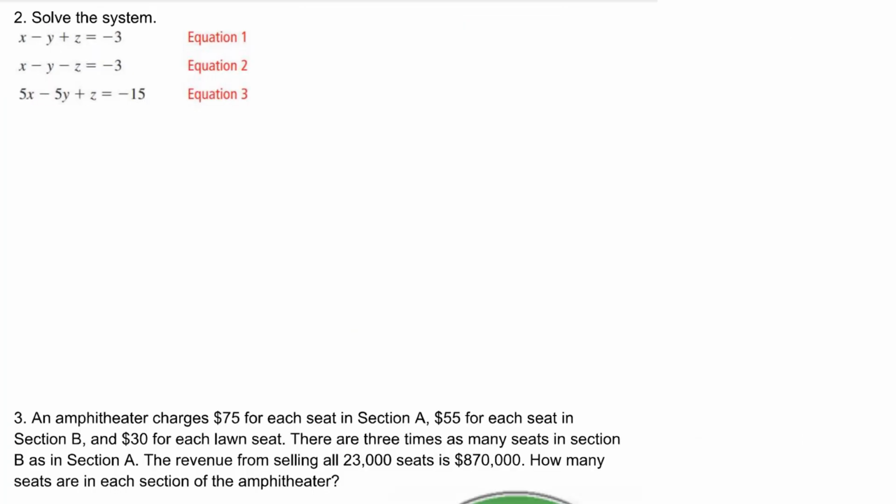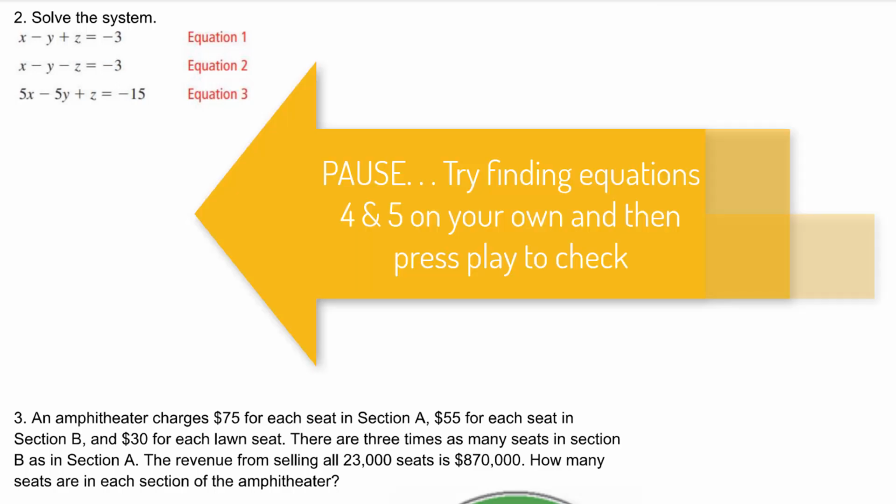I notice that the coefficients of all the z's are 1 or -1, which is super convenient. So I'm going to first eliminate the z's from equations 1 and 2, and then equations 2 and 3.